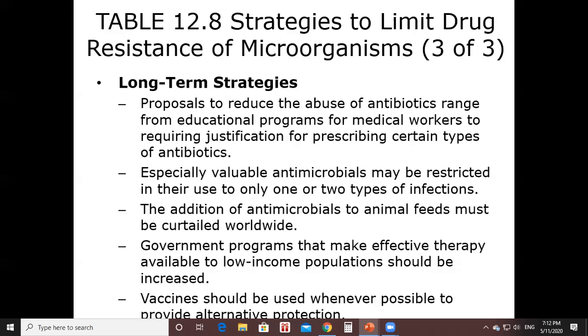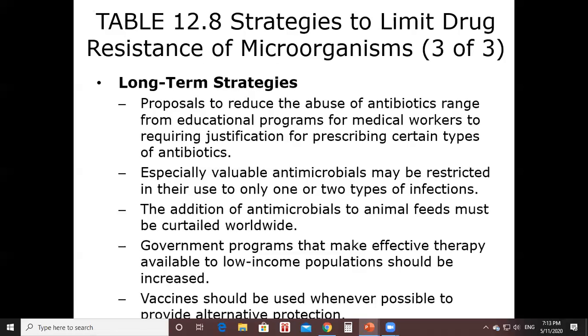This is done a lot worldwide, where our antibiotics are given to animals, and before we're even able to get the benefit of them, the bacteria that are resistant show up very quickly because they've learned about it from animals.